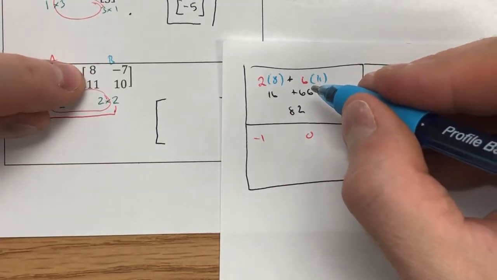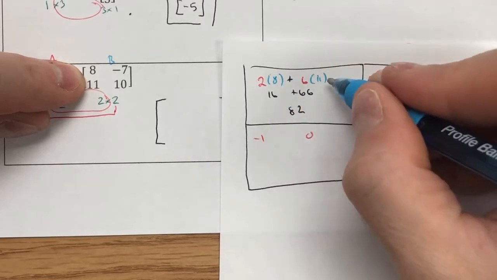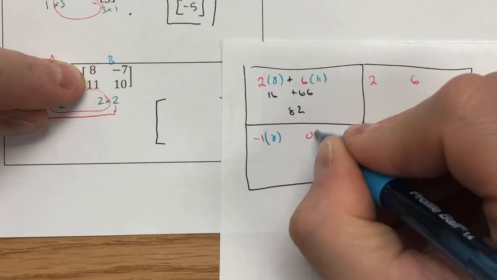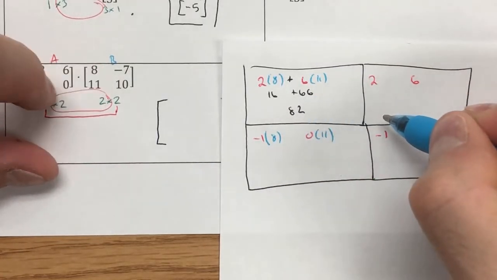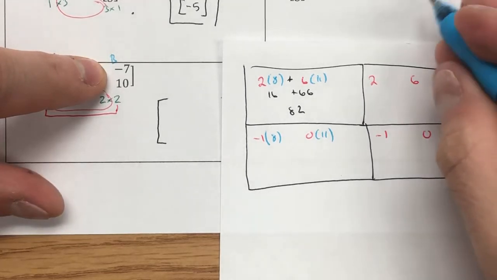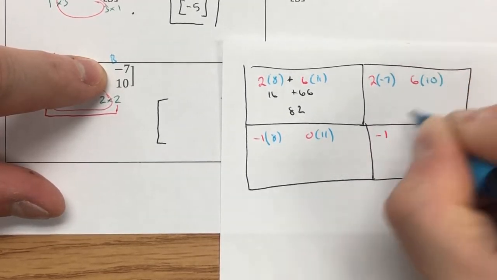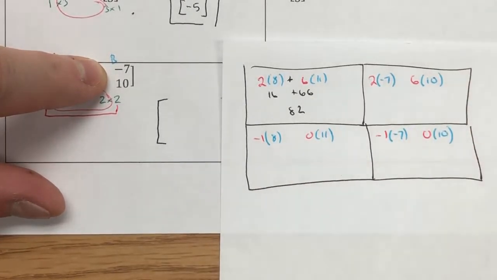For the first column, everything in my first column is going to be multiplied times 8 and 11. So 8 and 11, 8 and 11. And when I move over to my second column of the second matrix, this is going to be times negative 7 and 10, negative 7 and 10.